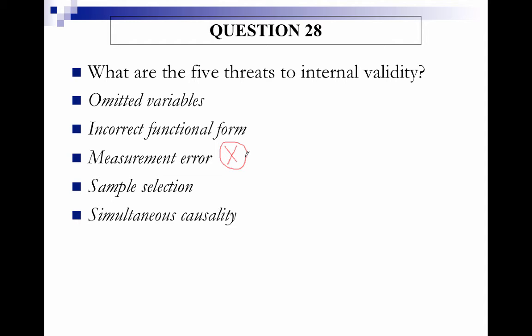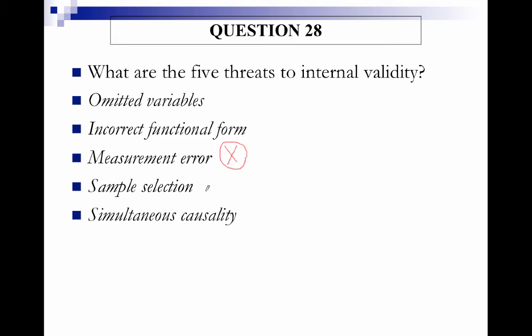It'll simply lead to inflated or larger standard errors. So if you have larger standard errors, then your coefficients remain unbiased, but they're not as efficient as they should be or could be.